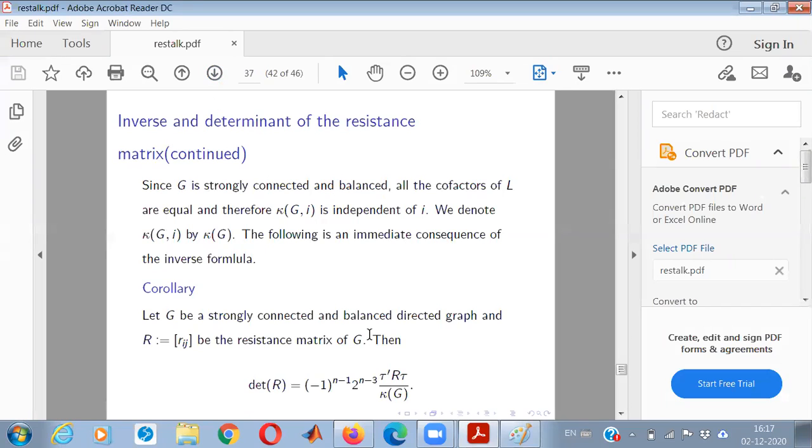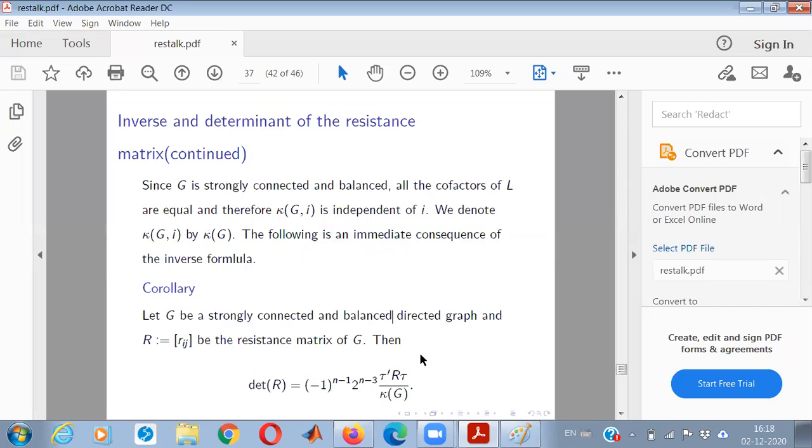Okay, here is the formula for the determinant, which I mentioned holds, but is not as simple as the tree case. This was known also for the undirected case, but now we are proving it for the balanced case. So, strongly connected balanced graph. This kappa g is simply the number of spanning trees. So you get tau transpose R tau divided by kappa g, and there's a power of 2.